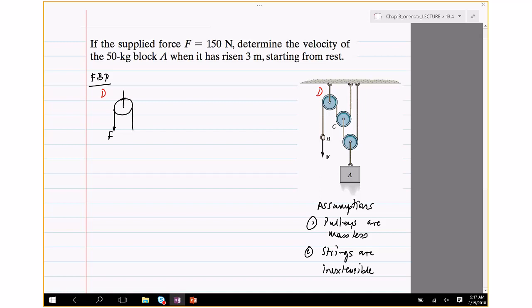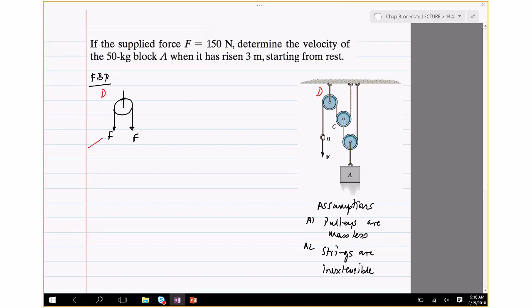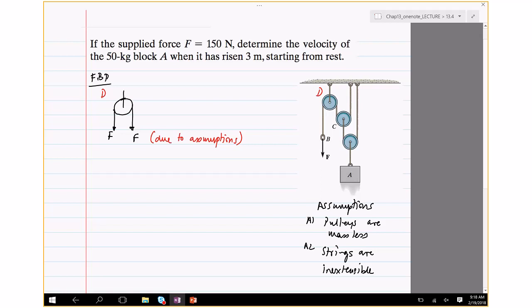A consequence of these two assumptions is that the force actually gets transmitted. That is, the force on the left side of the pulley is the same as the force on the right side of the pulley. So this is going to be F. The assumptions give you that.